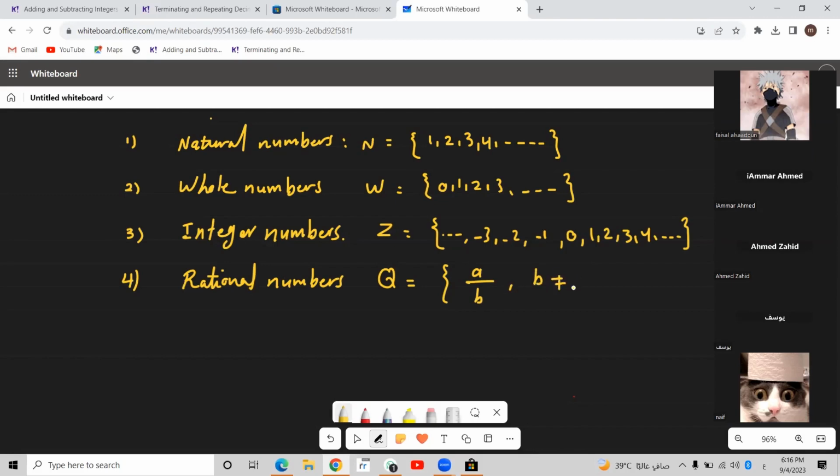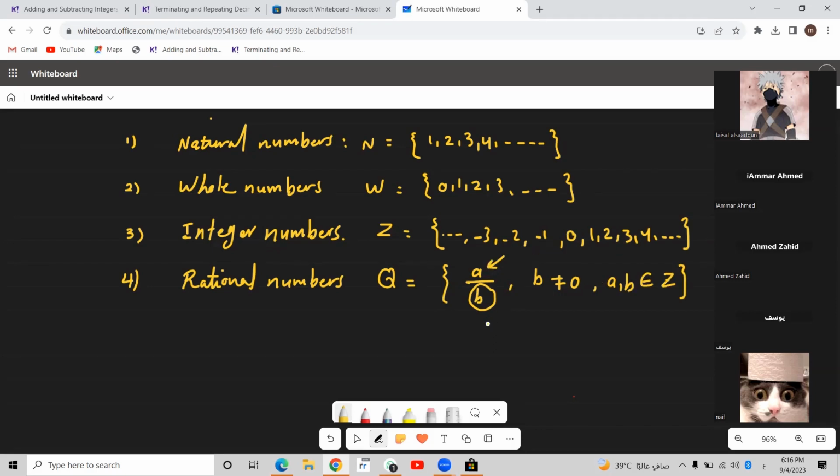So this means I can write any fraction, but on one condition: the denominator B is not equal to 0. Maybe you're confused about A and B. Guys, A and B are any numbers belonging to Z. This means A and B may be positive, maybe negative, maybe 0, but B is impossible to be 0.